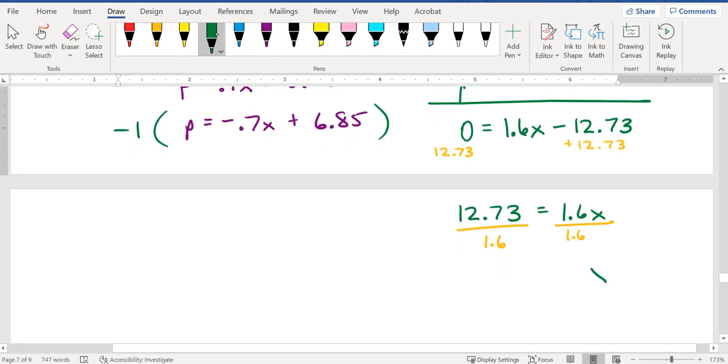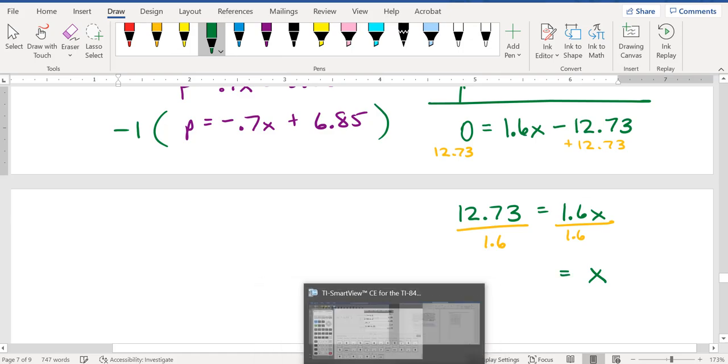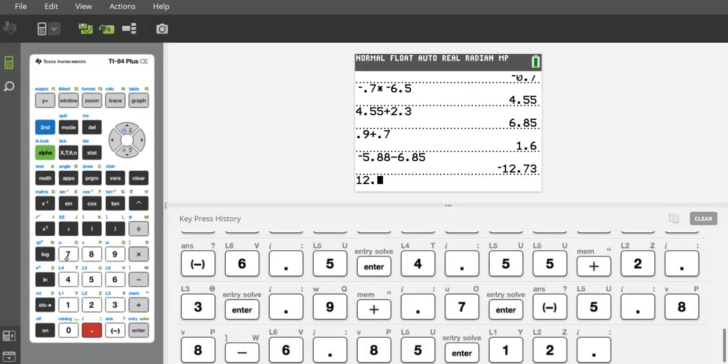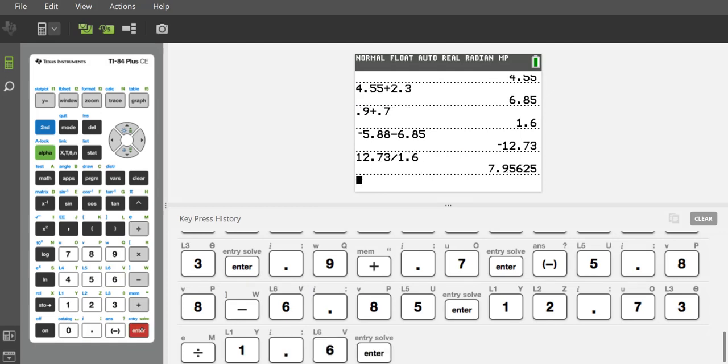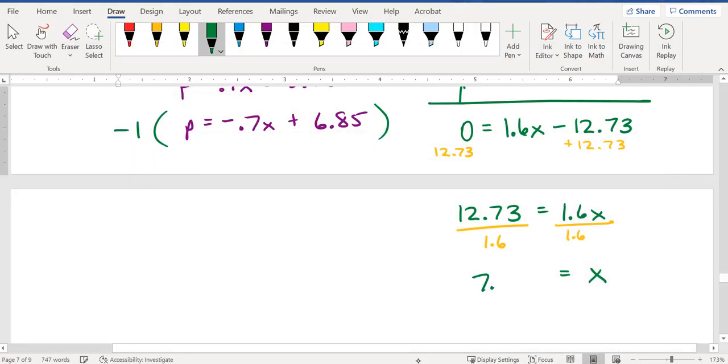I get x equals 12.73 divided by 1.6 is 7.95. Now that I have x, I need to go solve for p.